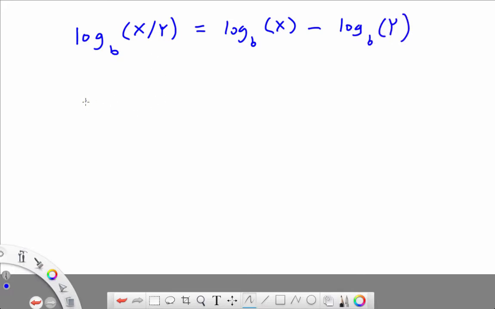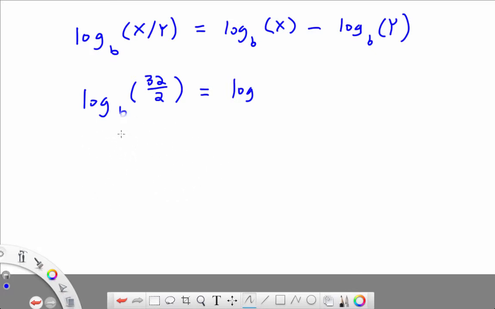And as an example, let's say we have log base b of, I don't know, 32 divided by 2. So according to this rule, log base, actually, I made a little mistake here.